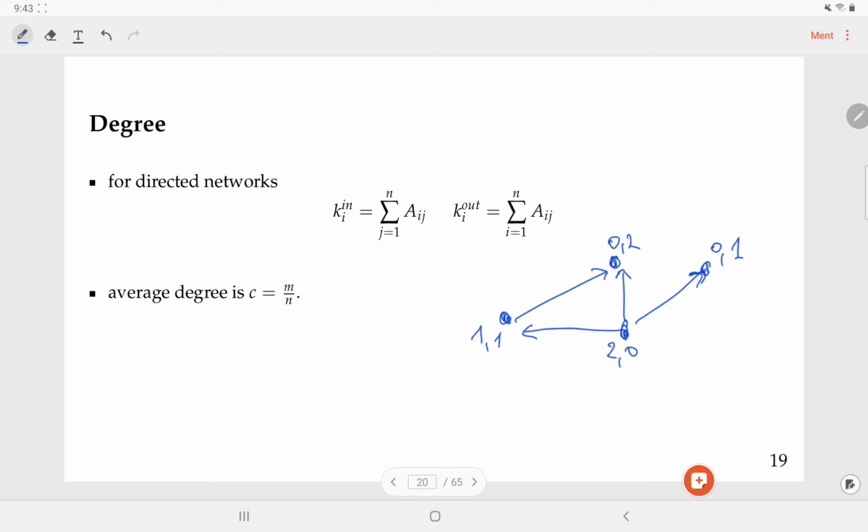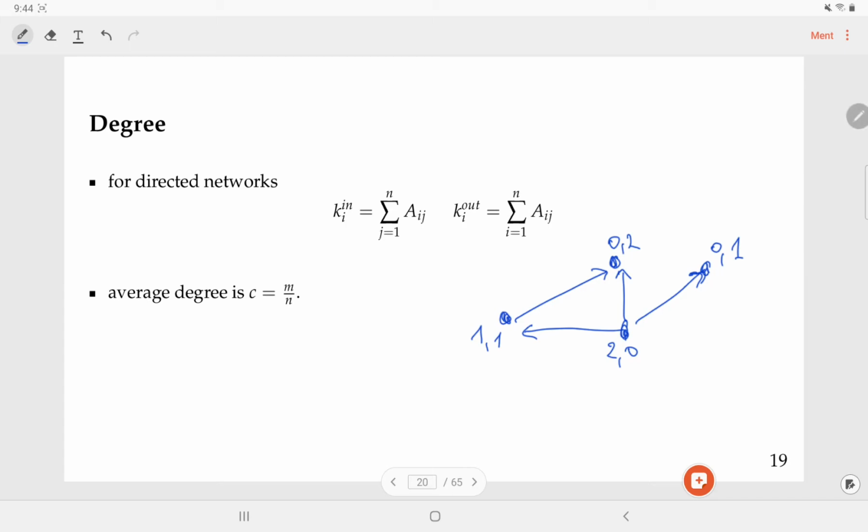Okay, so now we get a kind of different picture than before, and you can see that a node can very easily have 0 in or out degree. Still, the graph as an undirected graph can still be connected.